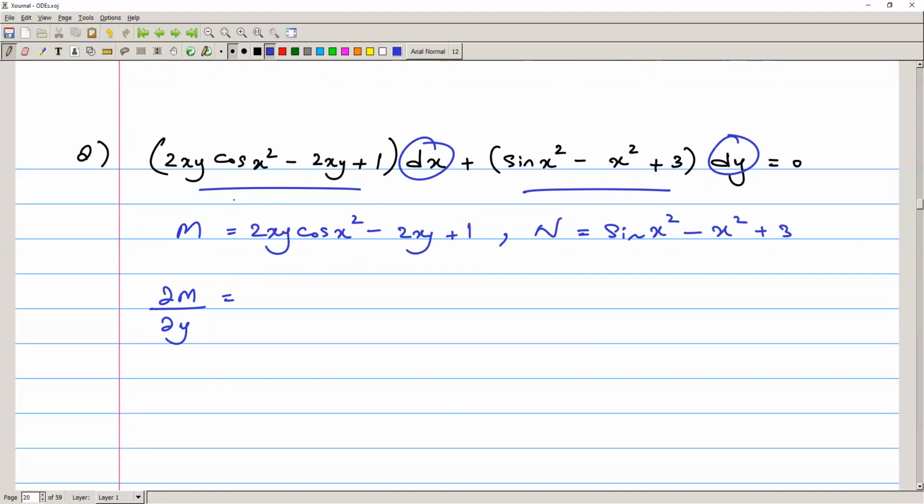With respect to y, it will be 2x cos x squared minus 2x. I made a mistake before: it's 2xy, so differentiating with respect to y, we are left with 2x.